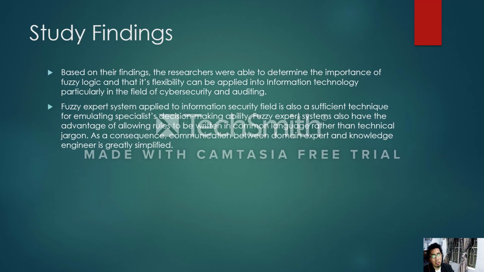So they created multiple rules that everyone can easily understand and digest. As a consequence, the communication between the domain expert, from the security auditor's perspective, and the engineer who is supporting the audit is greatly simplified. From there they can easily interact and study, or should I say examine, the findings that they have.